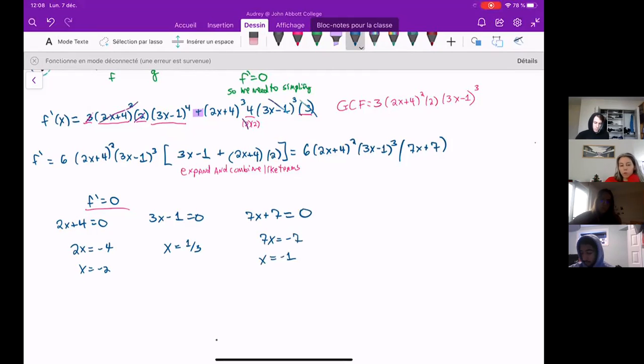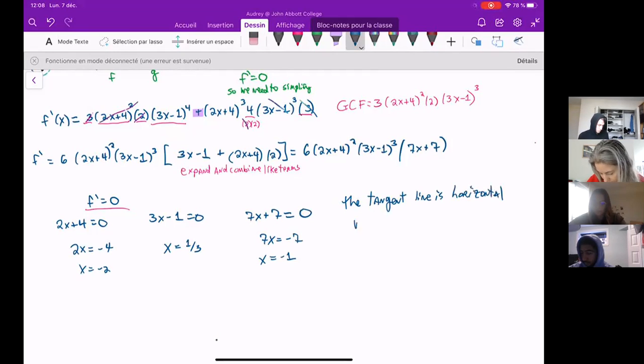And so those are the 3 values where the tangent line is horizontal, for my final answer.